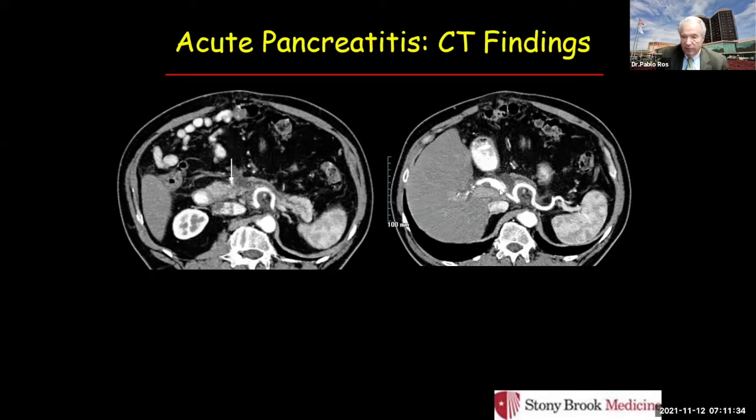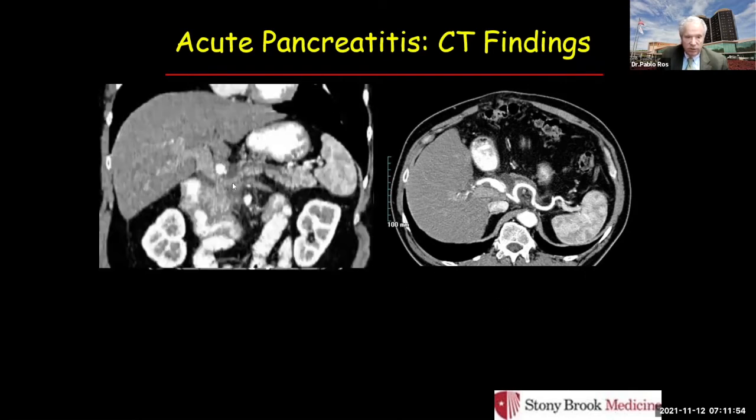It can be also involvement of the arteries. The arteries are basically bathed in pancreatic juice that is equivalent to meat tenderizer, and then the wall, not the intima, but the muscularis propria of the artery becomes swollen and weak and can have pseudocyst formation, as you see here.